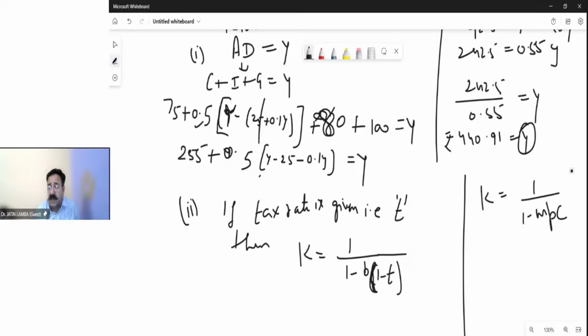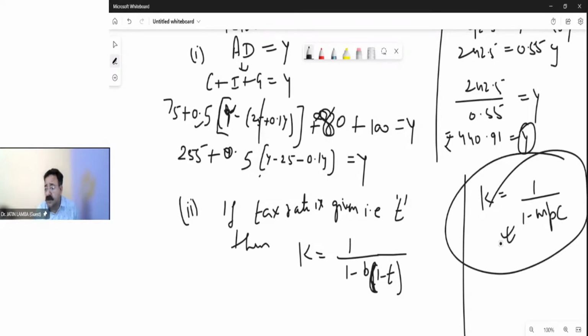I have already explained the derivation of this formula in the last session, right? But in that case we had taken the simple two-sector model, where there was no government, no taxes, no transfer payments, no rest of the world import export. That was the simplest form.